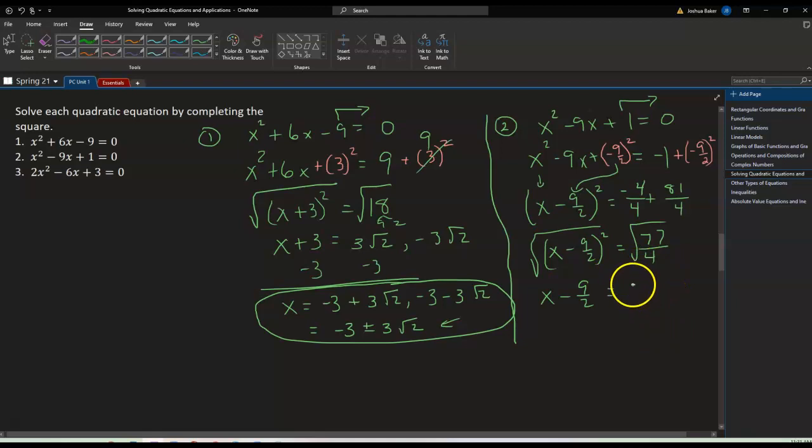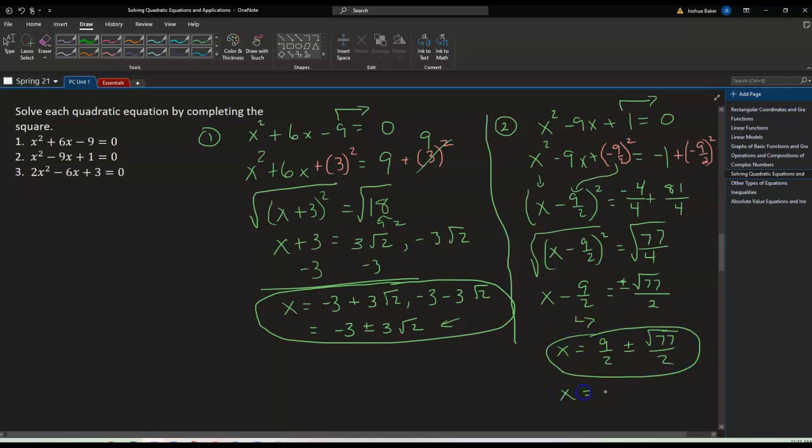On the right, the square root of 77 I can't simplify. And it's going to be positive and negative of that. And the square root of 4 is 2. So now if I add this 9 halves across, it's going to be 9 halves plus and minus the square root of 77 over 2. Okay, this is one way you can write this.